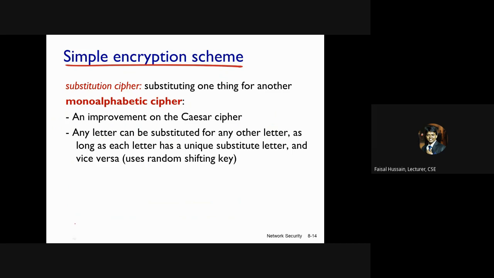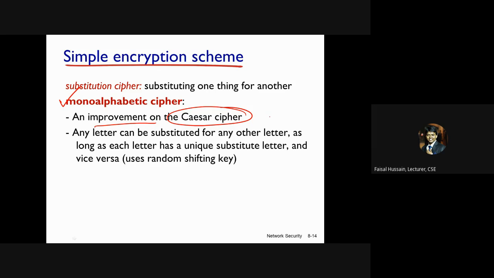Next we will talk about another class of encryption scheme called the mono-alphabetic cipher. This is an improvement of the Caesar cipher. You see that there are only 25 possible cases of the key, and you can find the result. But what if we substitute each letter by a different random shifting key? If it is a random shifting key for each letter, and they are unique, then you have more possibilities.